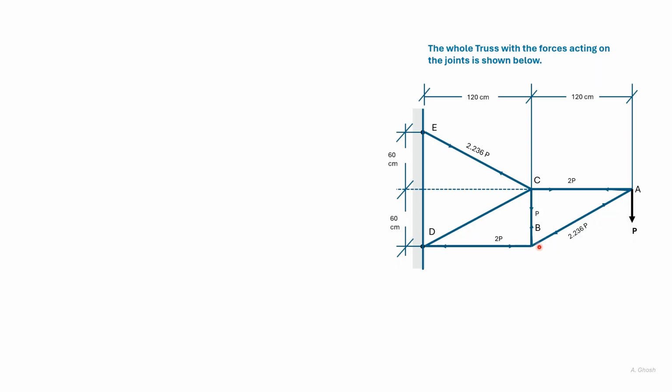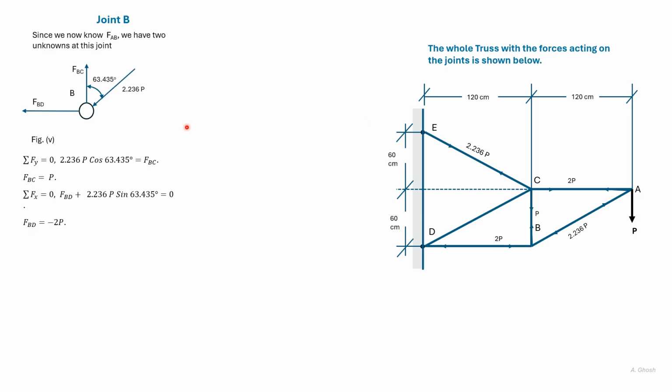Next, we can look at the joint at B because we already have this force. So here, this force cos 63.4 would give FBC, and this force sine 63.4 plus FBD is equal to 0. So we can get FBD.